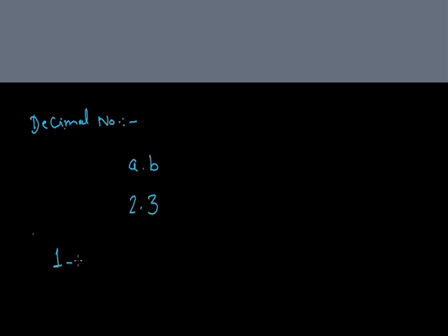The first method, representation of decimal number on the number line. Here we follow some method to find such a number, a method to find a decimal number on the number line.